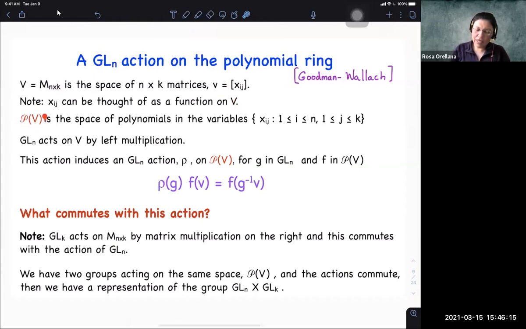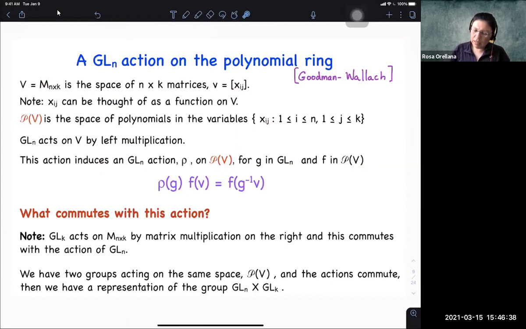So I can think of the polynomial ring as the space of polynomials in these variables, where i goes from 1 through n and j goes from 1 through k. And since GLN acts by left multiplication on the matrices, this induces a representation of GLN on the polynomial ring.